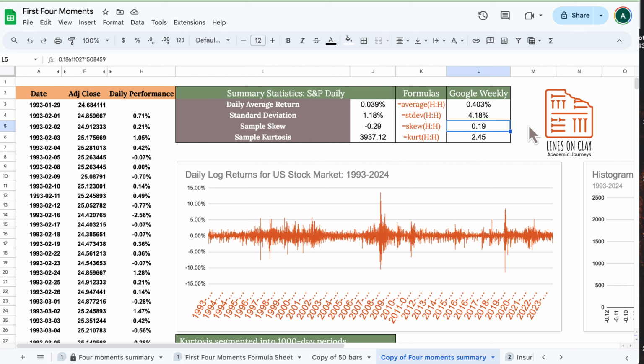So I want to point out the skew values: whereas we had negative daily skew for the S&P 500, we have this positive weekly skew for Google stock. And that makes all kinds of good sense because, over the period since it's gone public, Google has risen through the ranks to be, I think in August of 2024, one of the top 5 most valuable companies in the S&P.